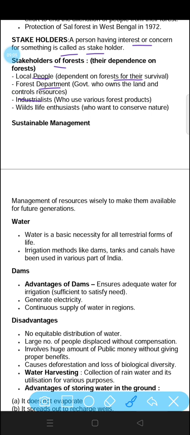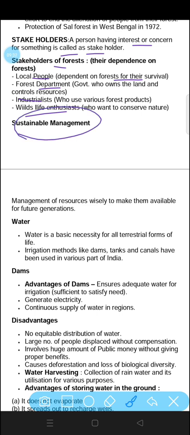Industrialists use the various products of the forest. Wildlife enthusiasts want to conserve nature. They are all called stakeholders of forest. Some of them use the forest for their livelihoods.